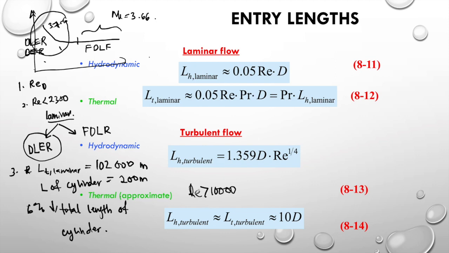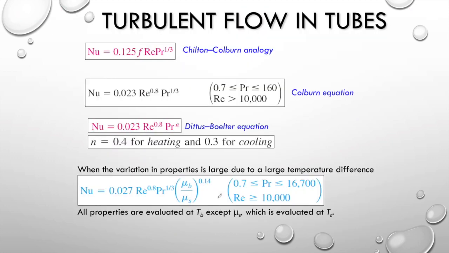So why is this important? Because you want to use the equation that falls under the fully developed turbulent region. This Dittus-Boelter equation can only be used for a Reynolds number greater than 10,000.